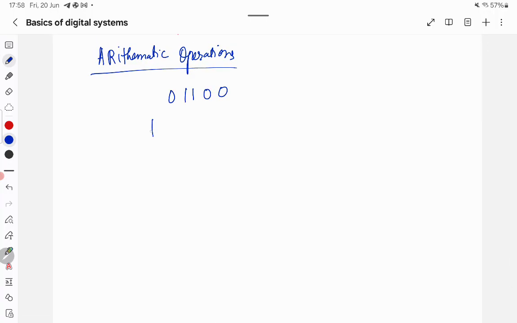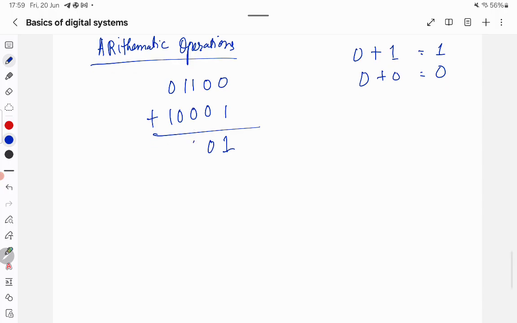In arithmetic operations, basically if you are adding 0100 plus 10001, how will you add? It's a binary operation, binary addition. 0 plus 1 is 1, so this will be 1. 0 plus 0 is 0, so this is 0, this will be 1, this will be 1, this will be 1.